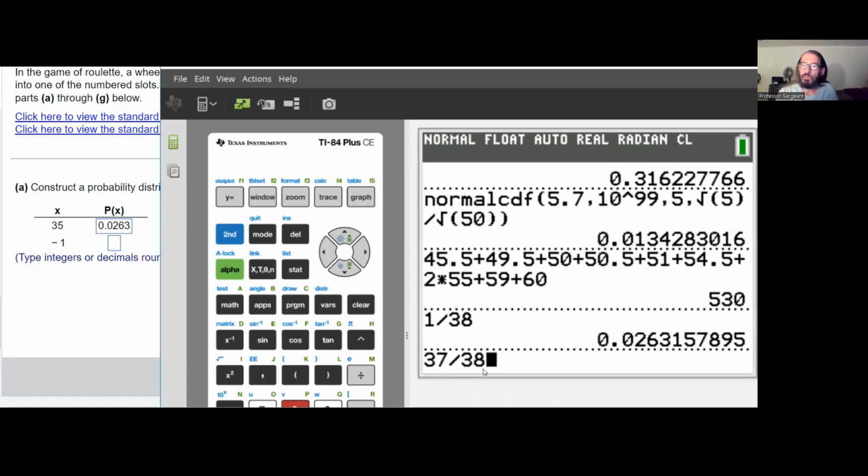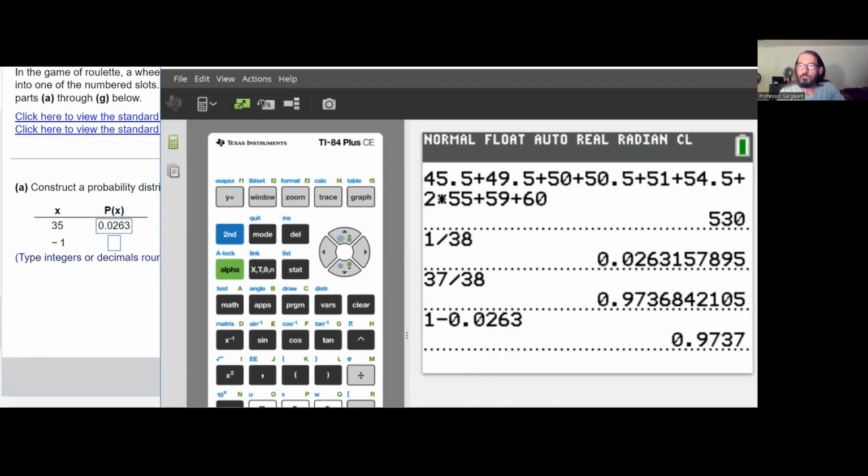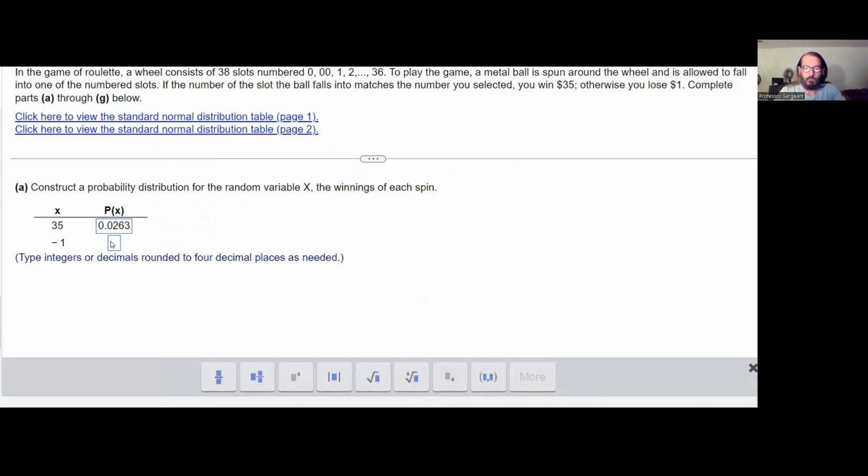Let's double check that. 37 over 38, when rounding to 4 places, would round to the same place, 0.9737.